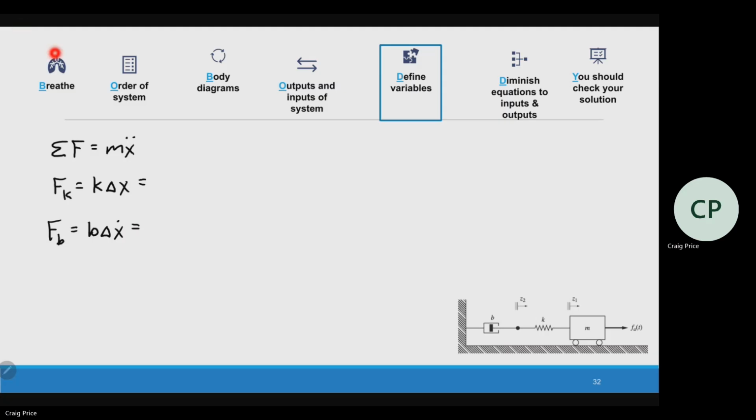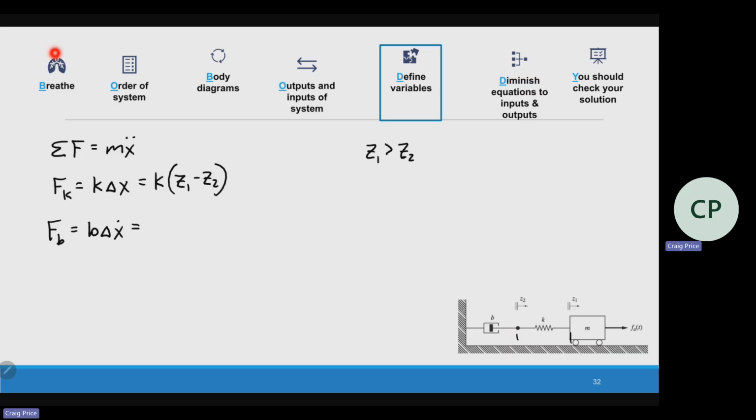Now, for the spring, it all depends on how I drew it. The way that I drew it is I said that Z1 was greater than Z2, so the spring was in tension. Therefore, for my delta x, because this is between this and this, both ends can move, I'm going to have Z1 minus Z2.